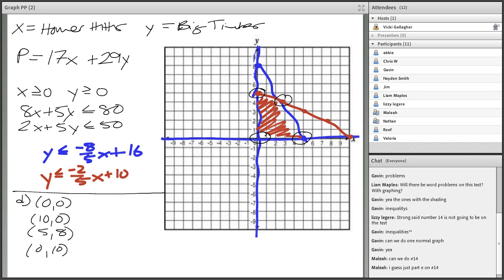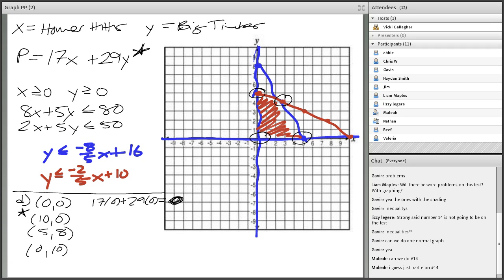For part E, you use the ordered pairs from part D and plug them into the profit equation from part B. Plugging in (0, 0) gives 0, which is never going to give us a very big answer.